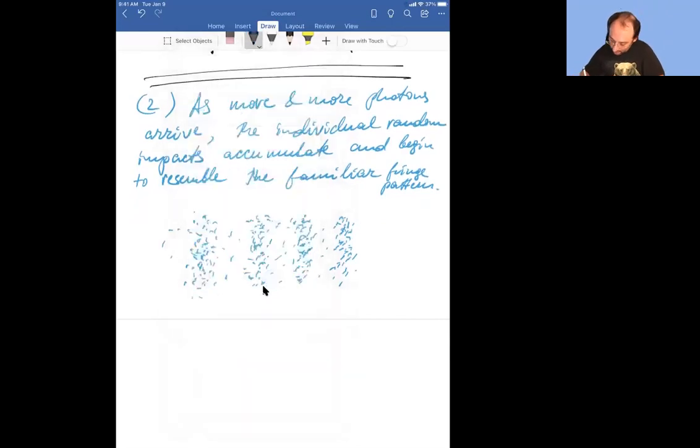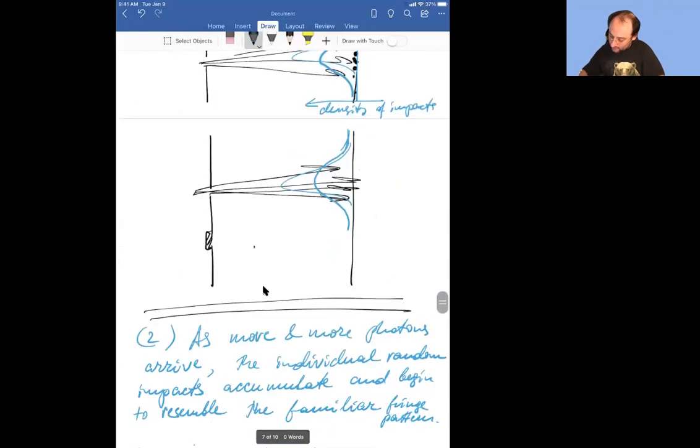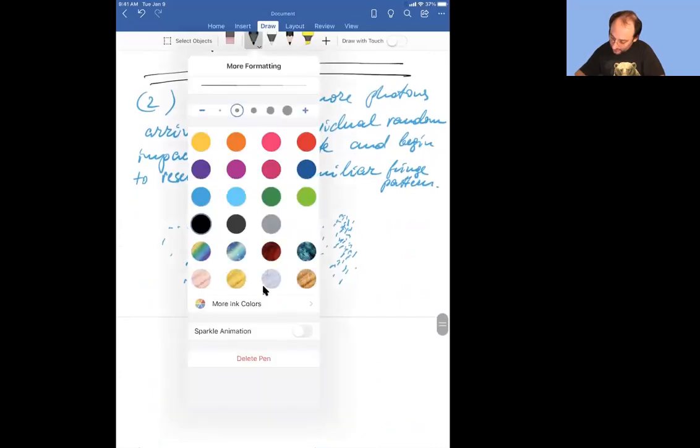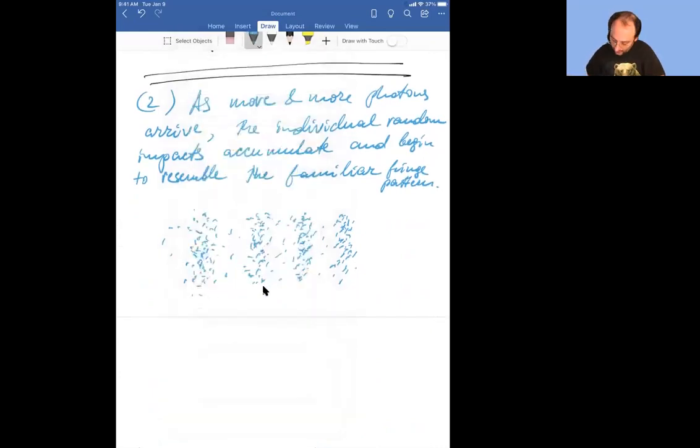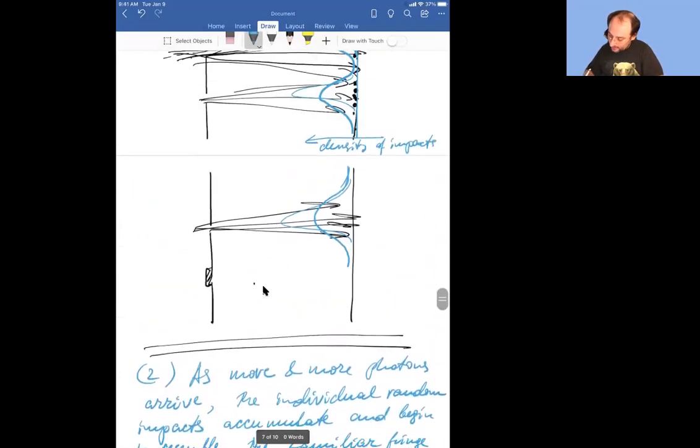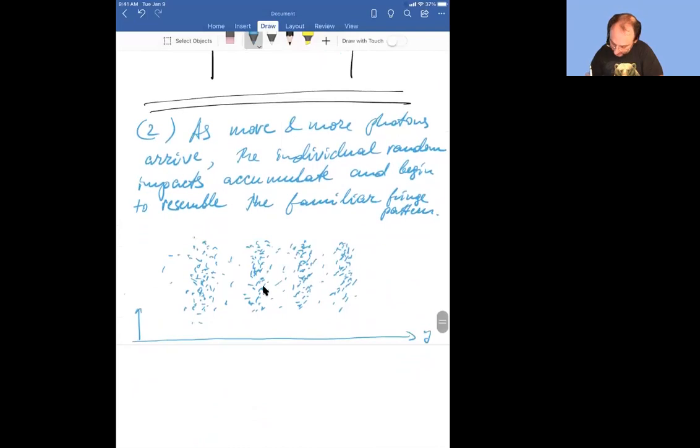So I can plot, what color did I use? The blue color. I can plot the density of impacts versus this y-axis. This was the density of impacts, and it would be this kind of a familiar thing.